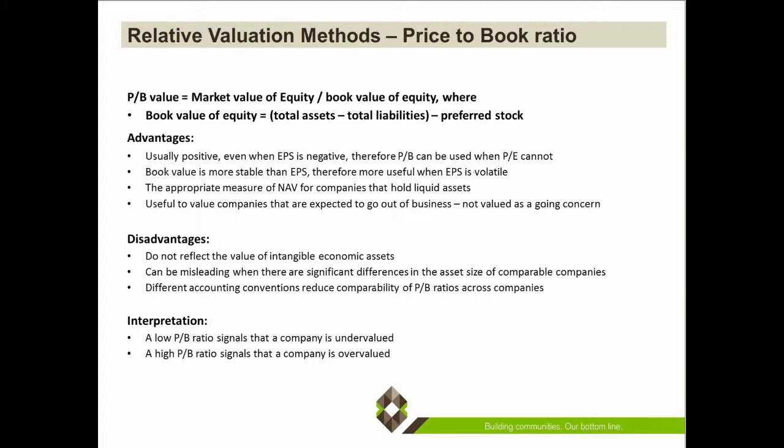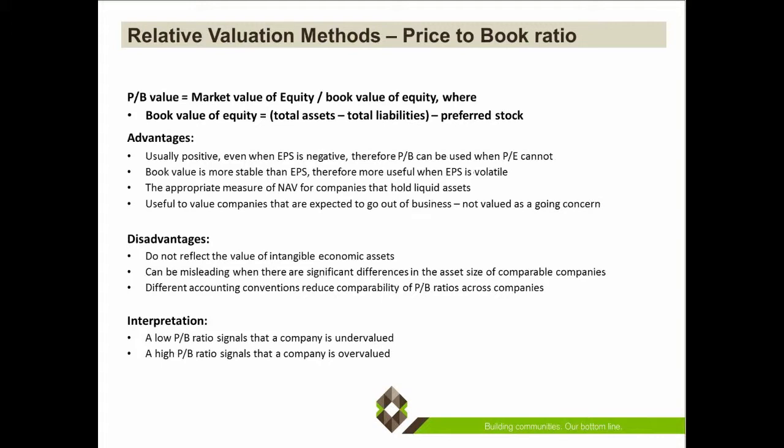And it is the appropriate measure of net asset value for companies that hold liquid assets. So when you want to value on a relative basis financial companies or insurance companies that hold liquid assets, you would rather use a price to book value than a PE value.